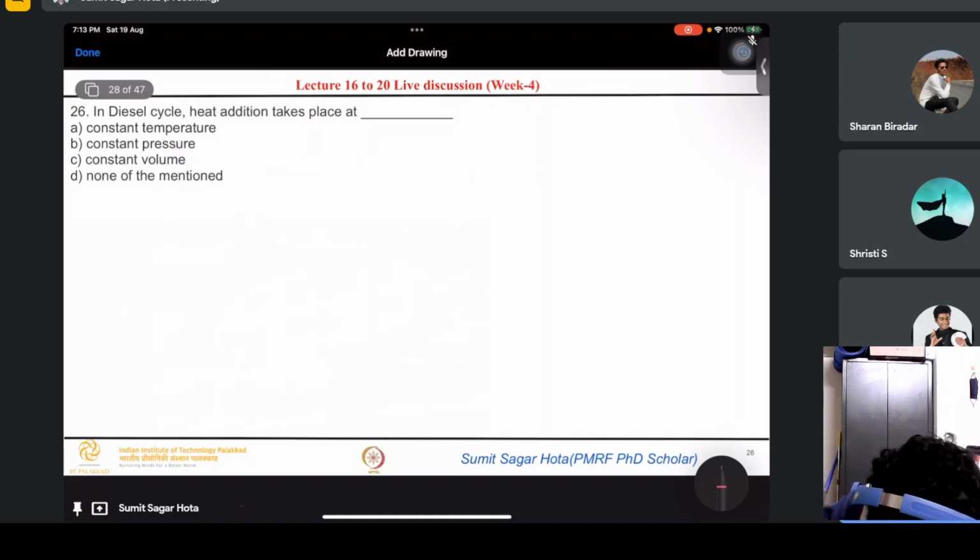Again, you have to draw the cycle. All this kind of question can be done by making one cycle. You have to draw the cycle.